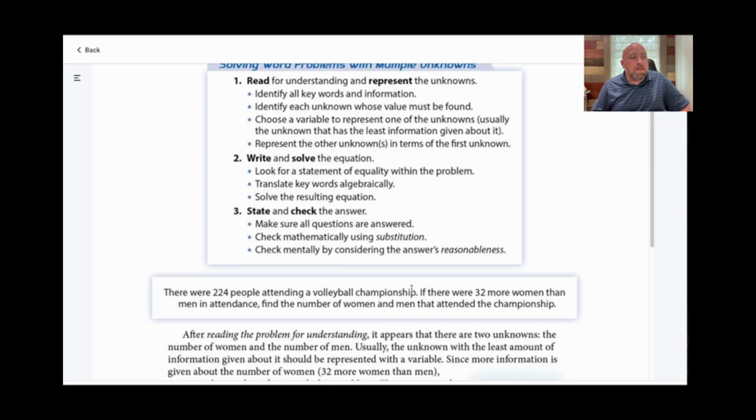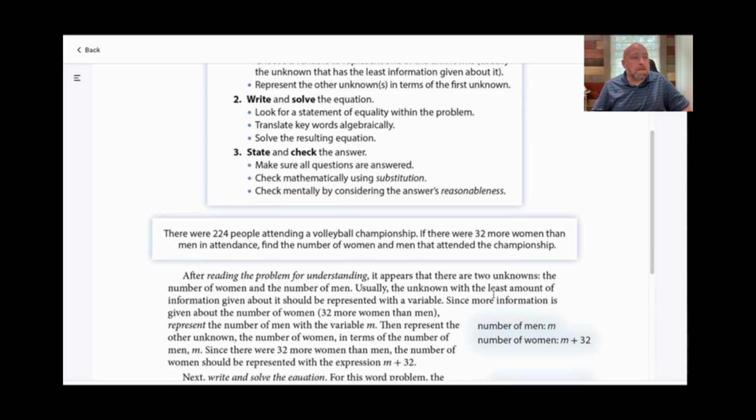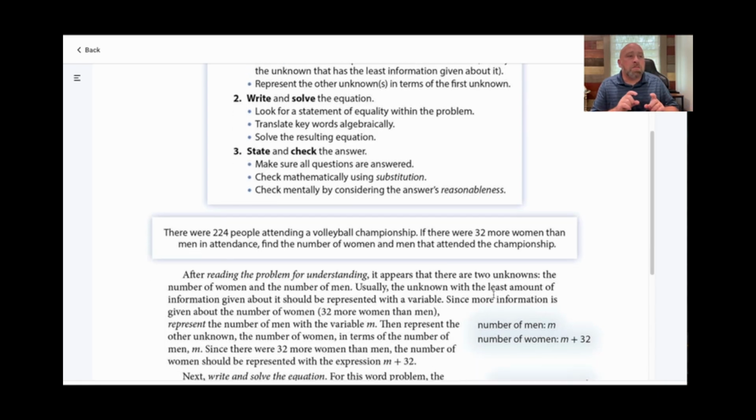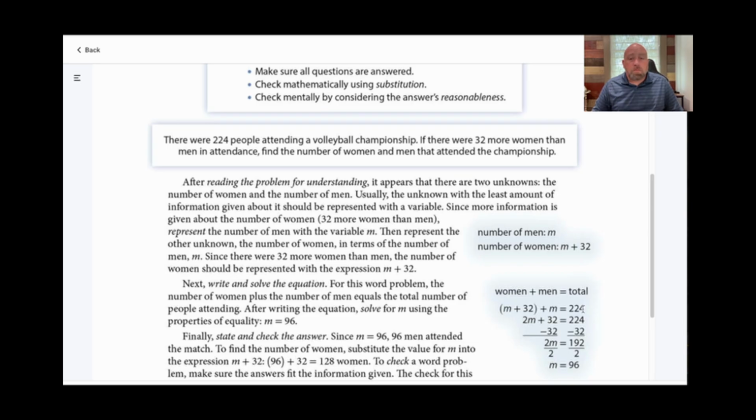If there were 32 more women than men, we know that there were 32 more women than men, so we don't know anything about the men. So men would be our variable. You can use X, you can use M for men, that's fine. Women would be the variable plus 32, because we had 32 more women than men. Okay, so we want to plug this in. So the women plus the men equal the total.